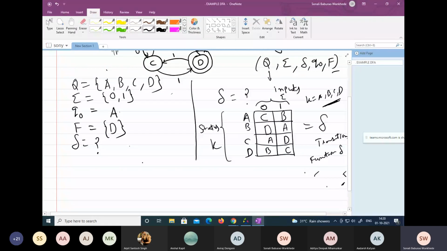Now we will solve one example, and then I'll give you one example. You have to solve it. We'll just take one last example and then we'll stop for today.